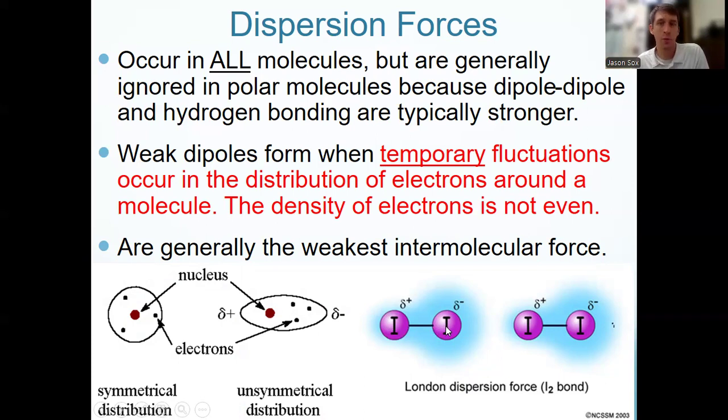This is normally a nonpolar molecule, but if there's a temporary gain of electrons on this side, so more electrons makes this side more negatively charged, well, it has positive and negative sides too, which can interact with another iodine molecule such that the electrons on this iodine would push the other iodine's electrons away to the other side, and we create this positive and negative interaction. Again, briefly, right?